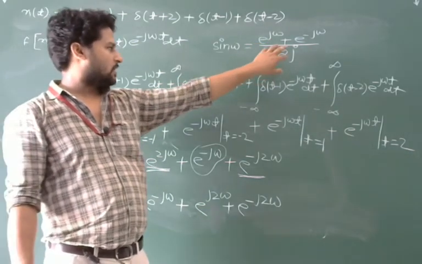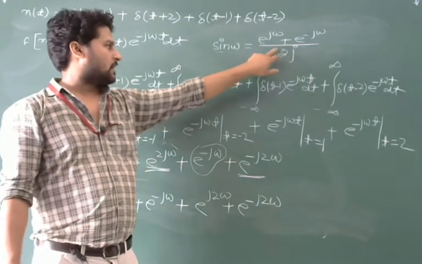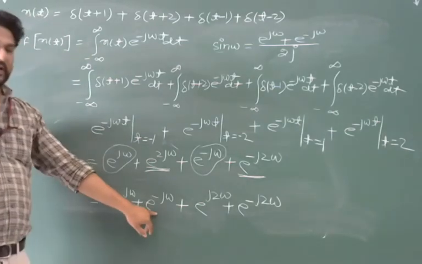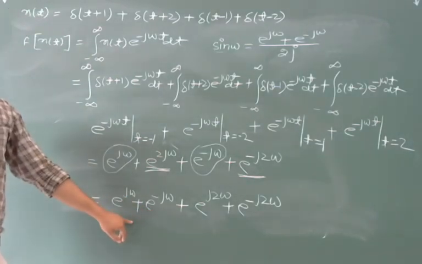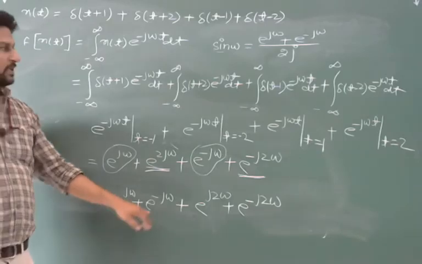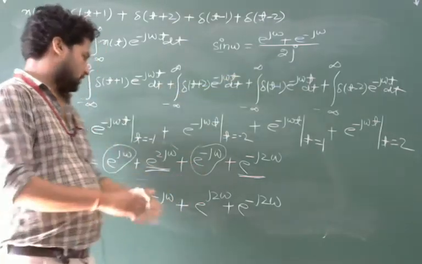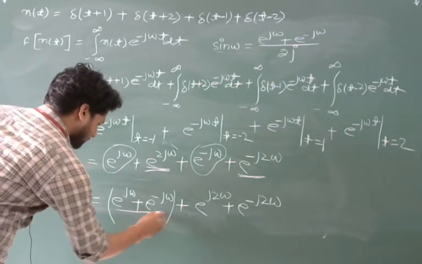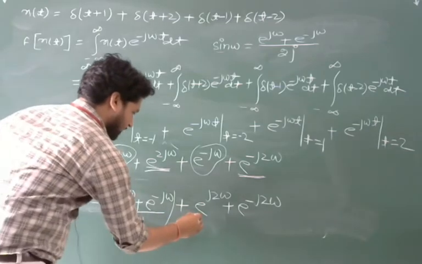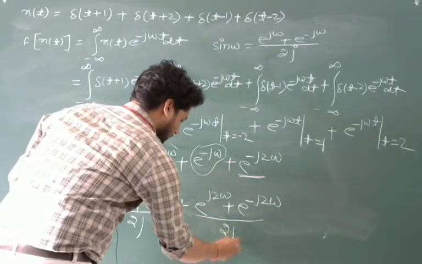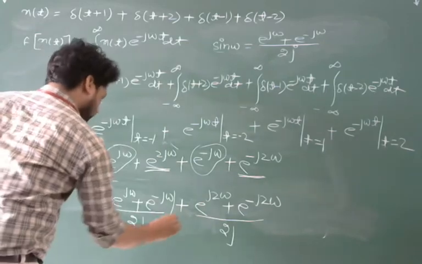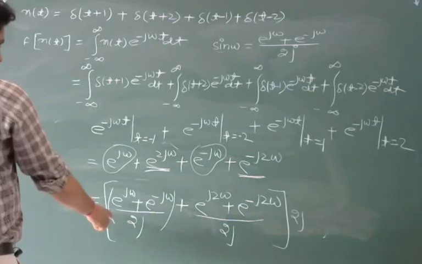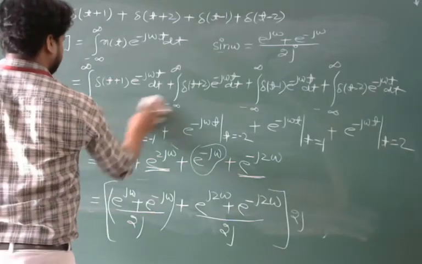But here one term extra is there, 2j. It means that to convert this complex exponential into the sine wave, we have to multiply and divide by this extra term 2j. So I will divide this by 2j and multiply the whole term by 2j. Now this will become sin ω.